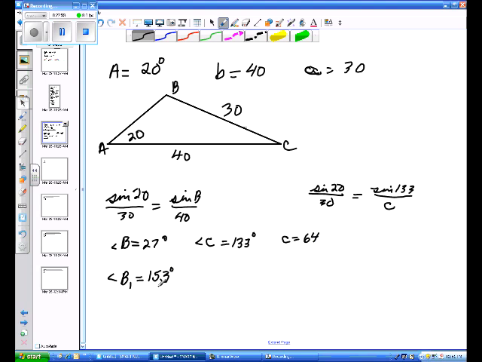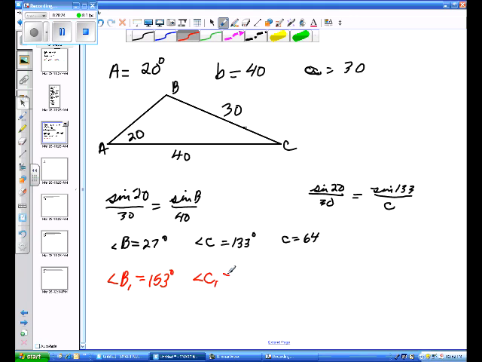Okay, but we said that it could be 153 degrees. I'm going to go through and put these in a different color just so that we can notice that we have two different ones. So angle B, we said, could also be 153 degrees.